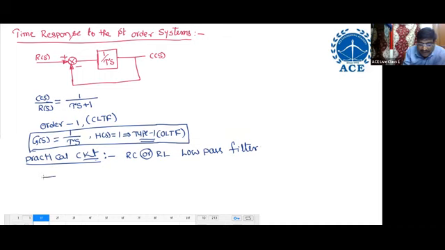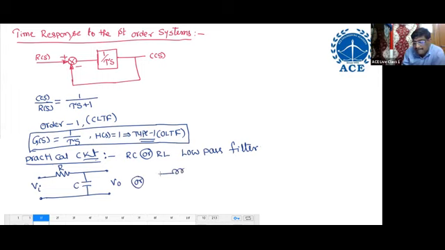RC circuit with Vi, R, C and V0, and the RL circuit with R and L. Low pass filter means it allows only low frequency.